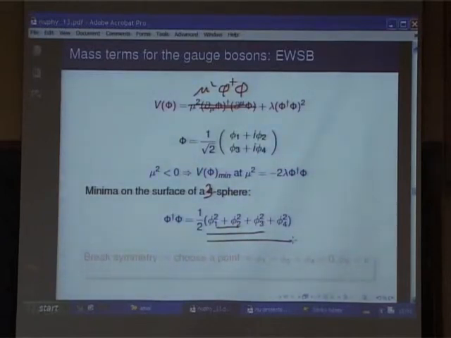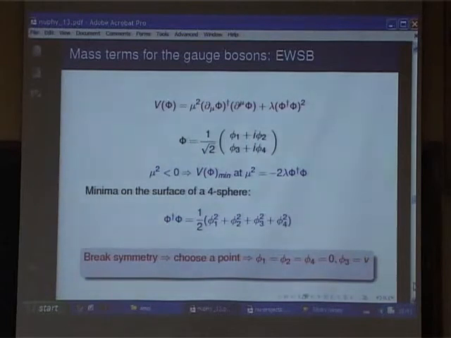And nothing is given, there's no way to choose where to go. But at some point the symmetry has to be broken because you have to go to some one vacuum. In principle you can go anywhere, and depending on where you are, you will have different physical consequences. So I tell you that we break the symmetry in this particular manner.